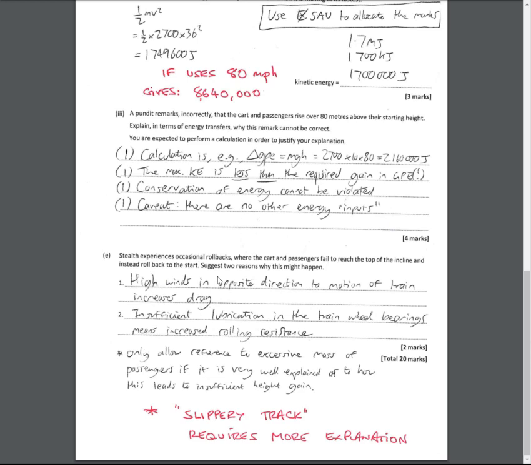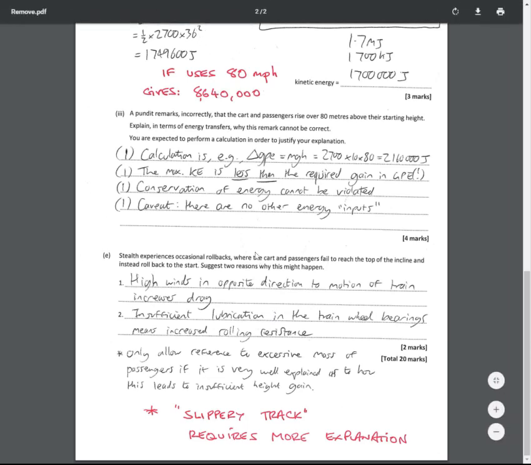Final part, why would be the explanation as to why you failed to reach the top of the incline. Essentially, some sort of additional friction on the track, high winds or insufficient lubrication, or an explanation that the acceleration mechanism was not sufficient to get the cart up to the required speed of 36 meters per second.